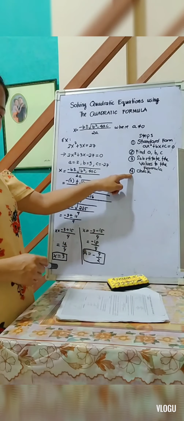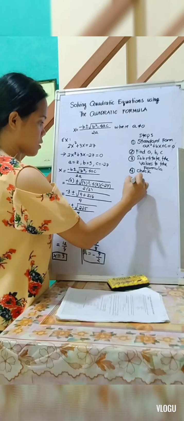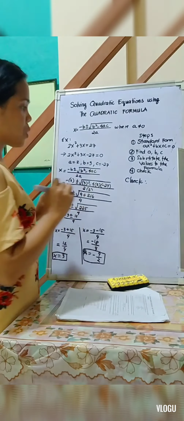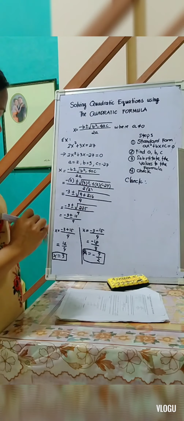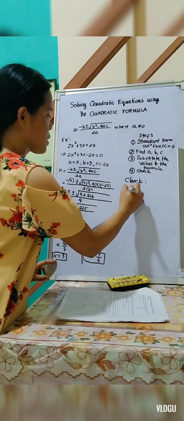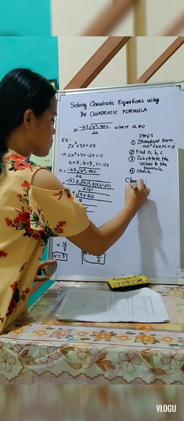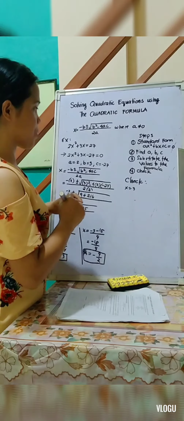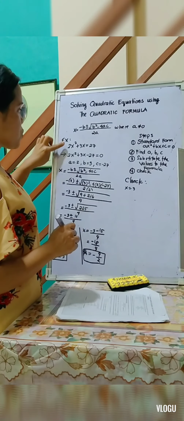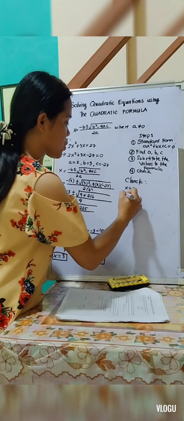So we're going to our step number 4, which is to check. So again, when we check, we need to go back to the original equation. So let's test first x equals 3, and our original equation is 2x squared plus 3x equals 27.